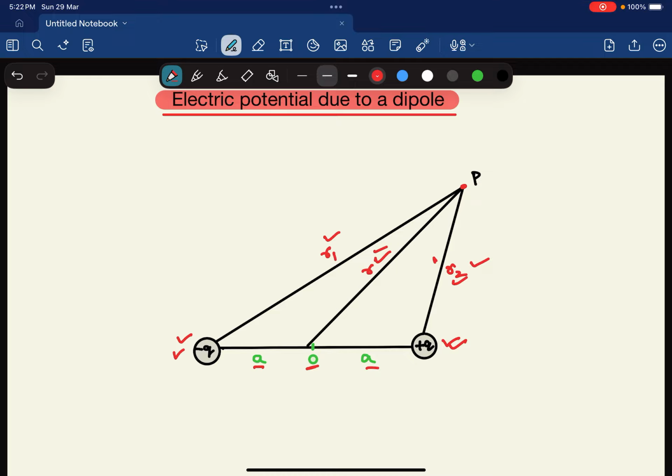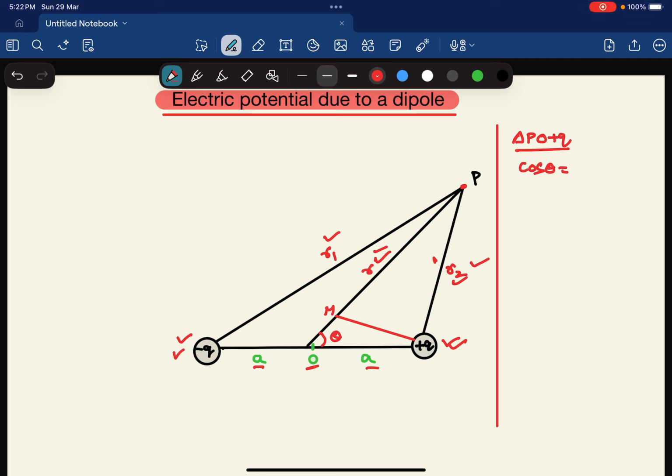So what I'm doing here, I'm going to equate the r2 distance to r. For that, I'm connecting a line from the positive charge to the central line. It touches the central line at a point M, and it makes an angle theta. So now I'm taking triangle P O plus Q. From this, I'm taking the component cos theta.